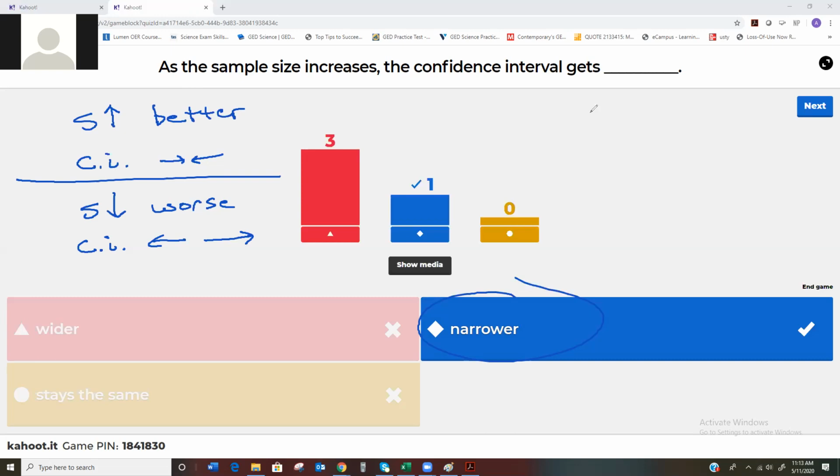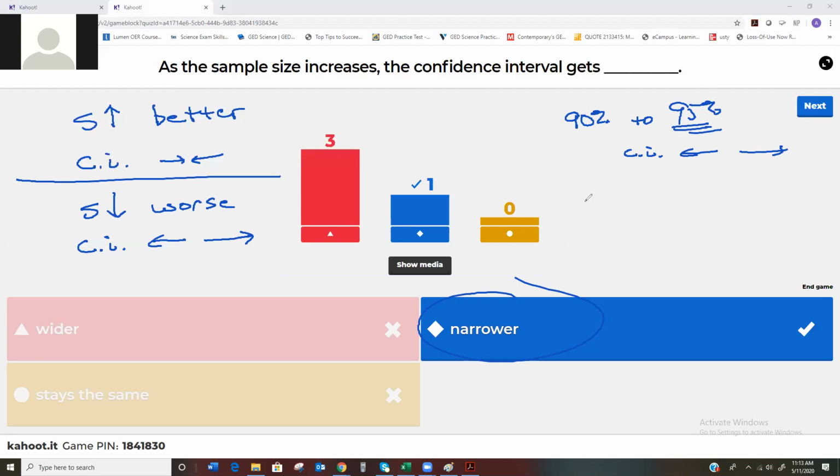So the other thing that affects it is your confidence level. If it goes from say 90% to 95%, is that magical, that oh wow, I'm 95% confident now? All you do when you do that is make your confidence interval wider, right? So if you increase your confidence level from 90% to 95%, all you do is widen your confidence interval.